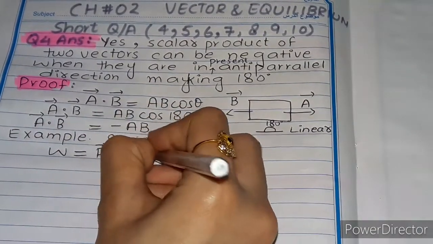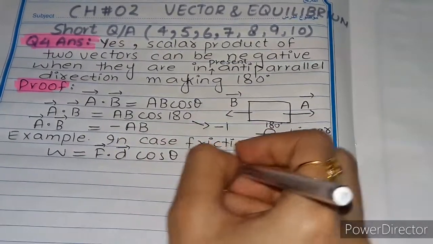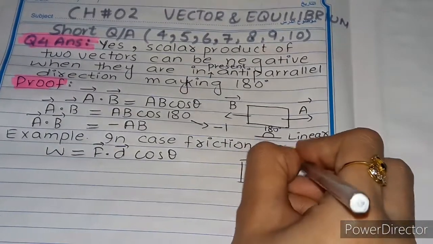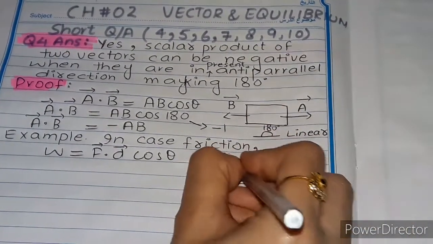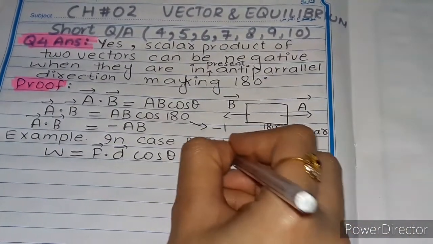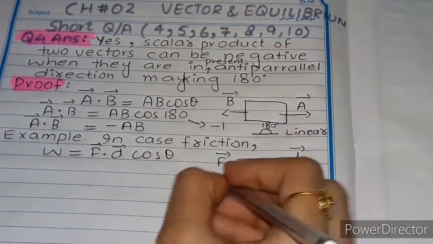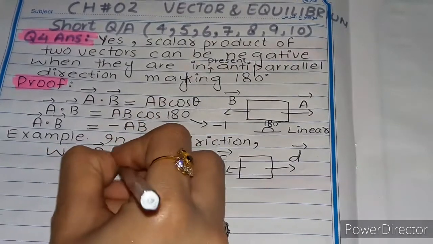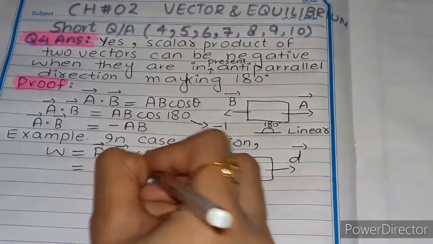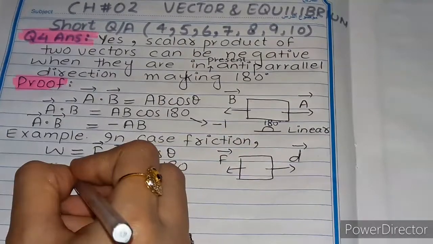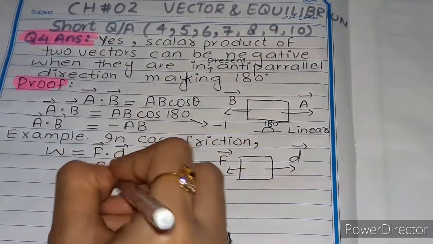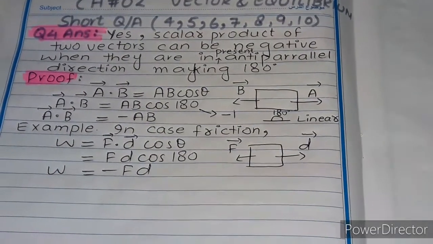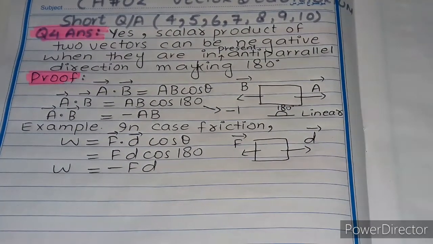So cos theta, when displacement is in this direction and force is in opposite direction, so making angle 180 degree. FD cos 180 degree is equal to minus FD. So we prove by the example also.